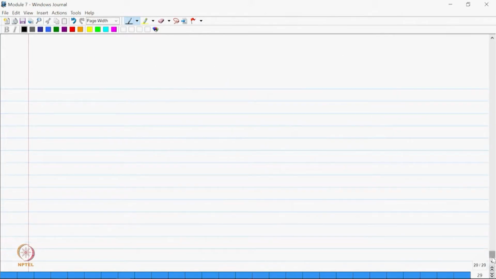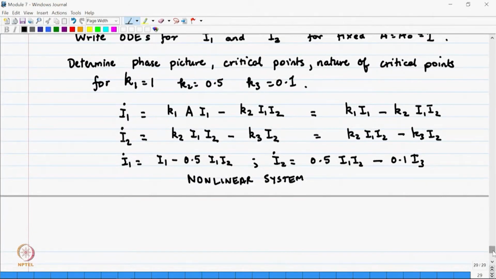So let us determine the critical points. I1 is equal to 0.5 I1 I2, and I2 is equal to 5 times I1 I2.